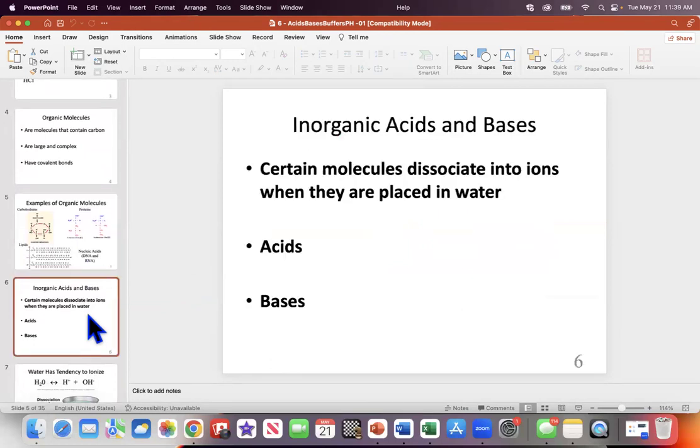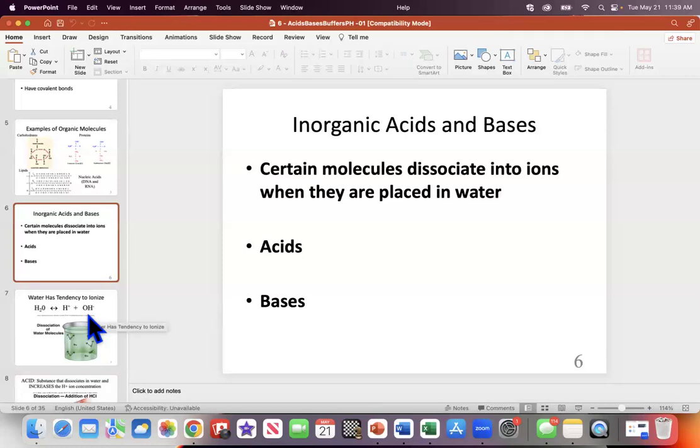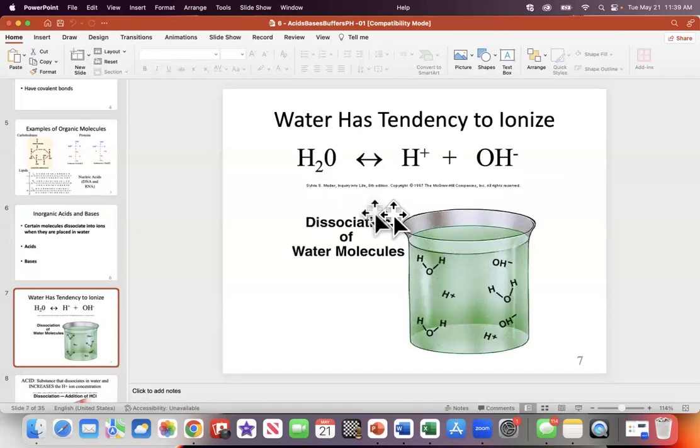Okay, so today's main topic is inorganic molecules, especially the acid and the base. Certain molecules, when put into water, can become acid or base. Water itself will dissociate and become ions.